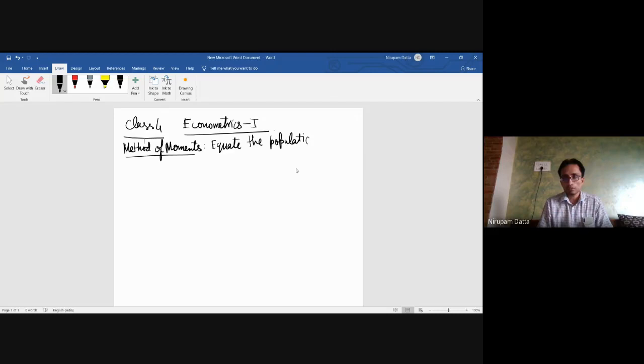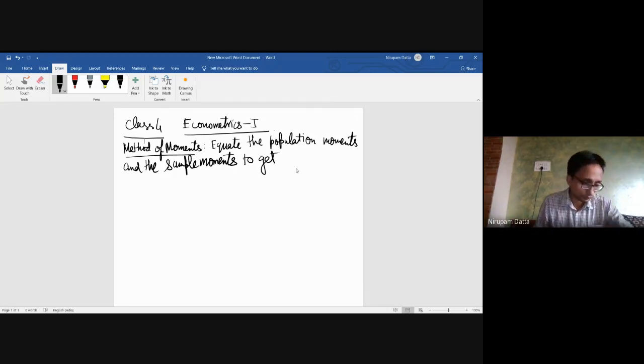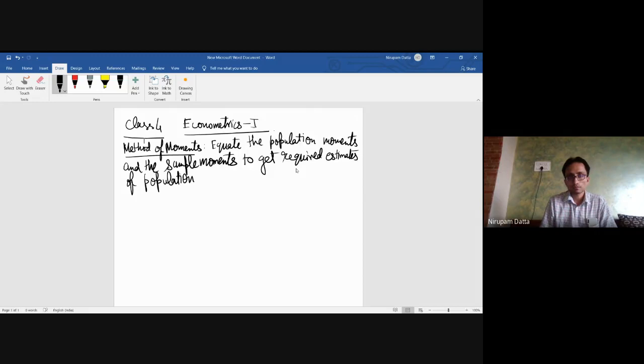Under this method of moments estimation method, we equate the population moments and the sample moments to get required estimates of population moments.